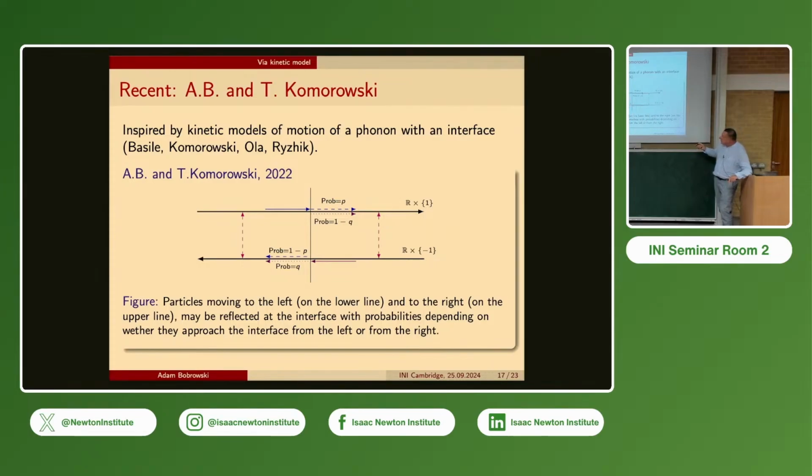If you approach this interface from the left, then with probability p, you still go to the right, or with probability 1 minus p, you jump to the lower line and go to the left. And the same on the lower line, you go to the left. With probability q, you pass through the interface, or with probability 1 minus q, you go to the upper part and go to the right.